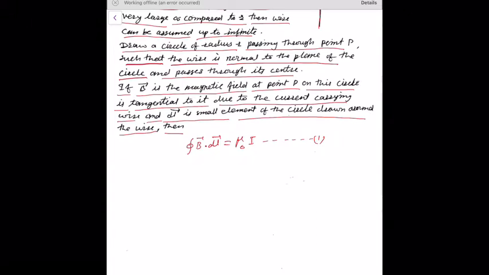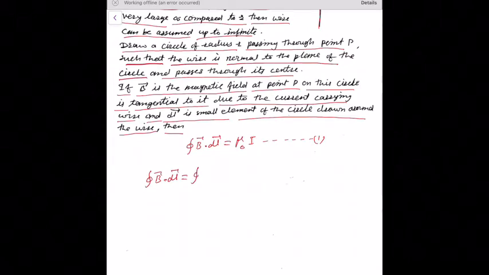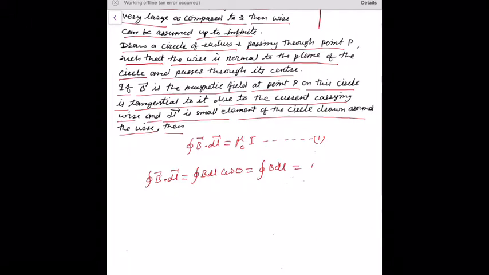Now the angle between the vectors B vector and dl vector is 0 degrees. Therefore the line integral of B vector dot dl vector is equal to the line integral of B dl cos 0, or the line integral of B dl because cos 0 is equal to 1, or we can write B times the line integral of dl, but the line integral of dl is equal to 2 pi r.